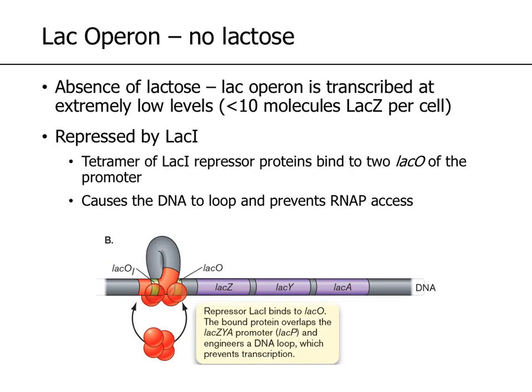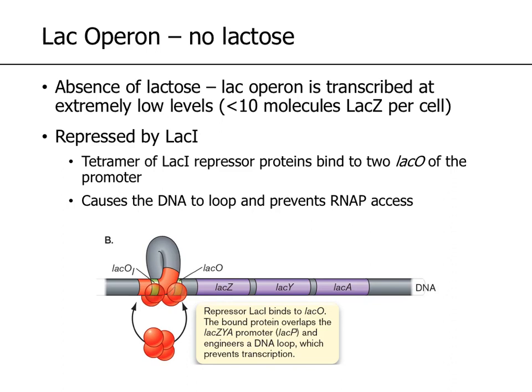In the absence of lactose, the lac operon is transcribed at extremely low levels. A lot of these things aren't perfect. Even though it's supposed to be repressing and you think that the gene's supposed to be off, it's not going to be 100% off. Depending on the use, the cells will have evolved for it to be that way.